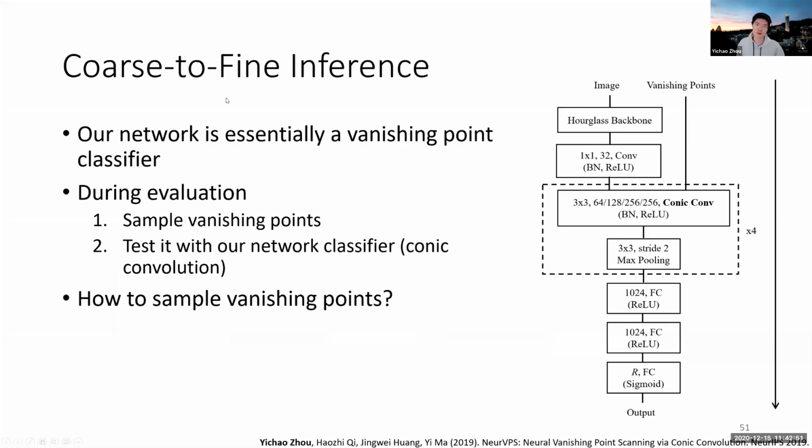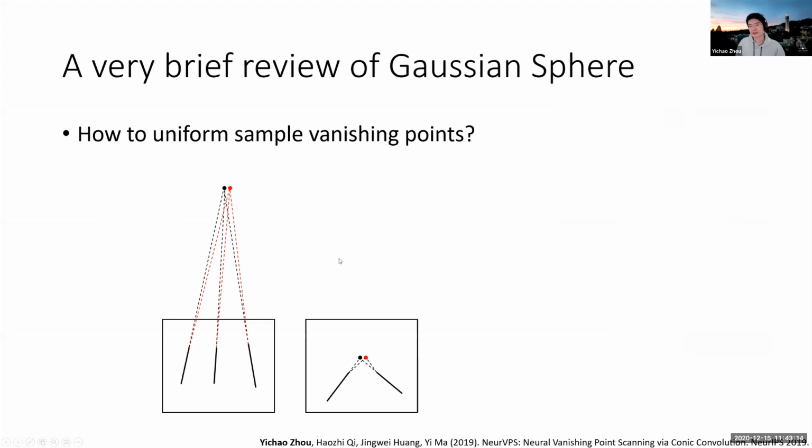There are several details we need to work out, because we use classification rather than a regression pipeline. Basically, we need to enumerate vanishing points and feed them into a neural network with this kind of conic convolution. Two problems: we need to sample and test. How do we sample vanishing points?